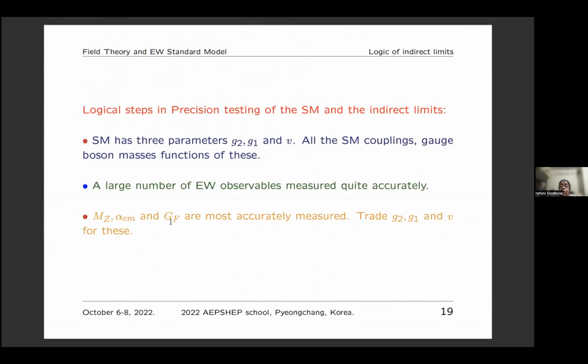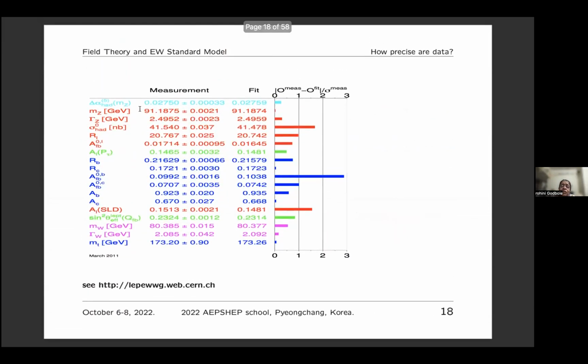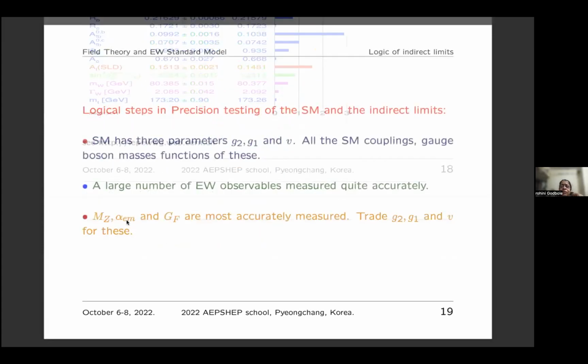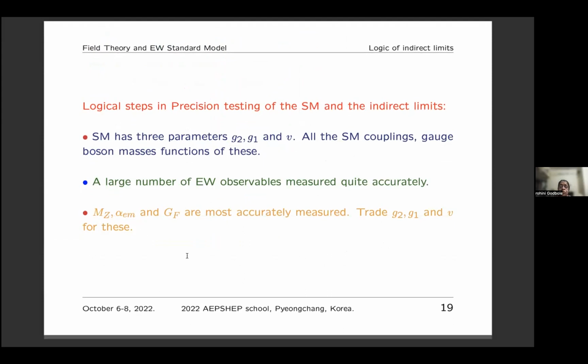Now, instead of using G1, G2, and V as the free parameters, let's use the parameters that we have measured most accurately and trade G1, G2, V for MZ, alpha EM, and GF. And therefore now predict all your observables in terms of MZ, alpha EM, and GF instead of G2, G1, and V.